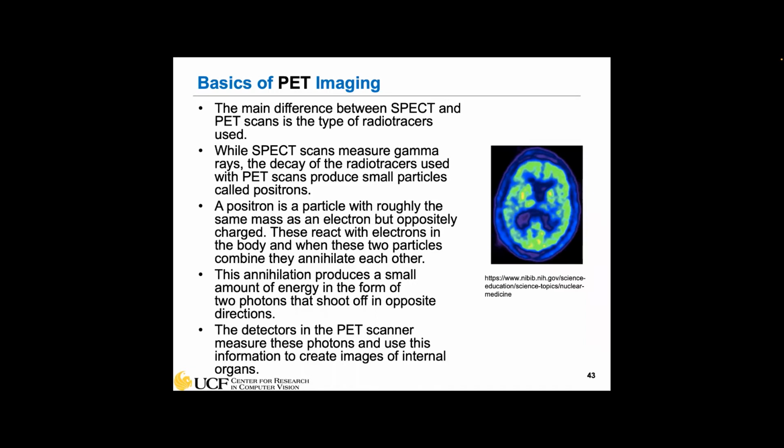These react with electrons in the body, and when the two particles combine, they annihilate each other, and this process generates a small amount of energy in the form of two photons. Basically, two gamma rays in opposite directions. The PET scanner is able to pick up that energy and create images of your internal organs.